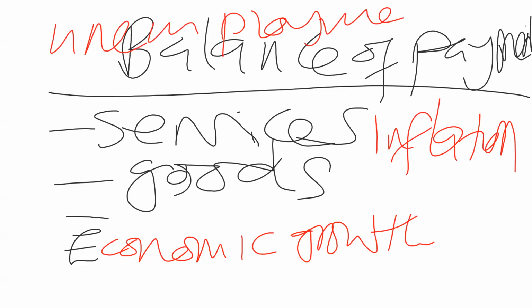And we said it deals with the BOP, the balance of payments. So these are the key things that you will be studying in the whole course of macroeconomics. So far, I have summarized the entire course. This is the whole course.